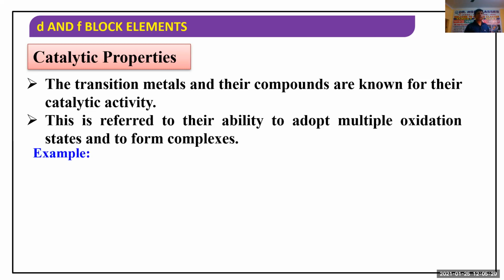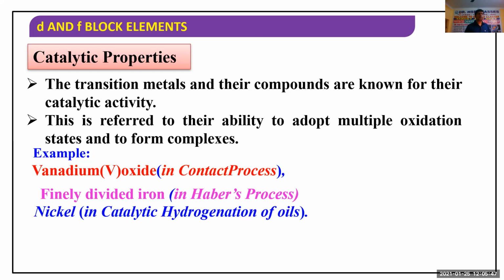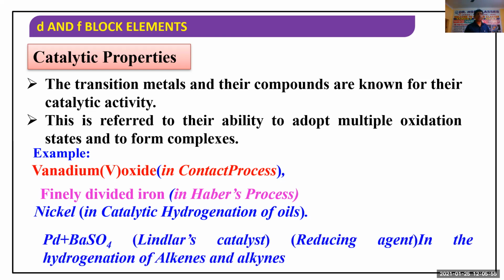Example, this is referred to their ability to adopt multiple oxidation states and to form complexes, like vanadium oxide in contact process, finely divided iron in Haber process, nickel for hydrogenation of vegetable oils to get banaspati ghee, Lindlar-like catalysts like Pd, barium sulfate, reducing agent in hydrogenation of alkenes and alkynes.